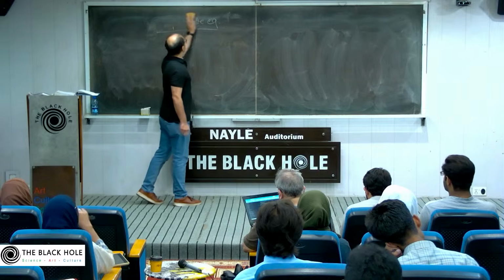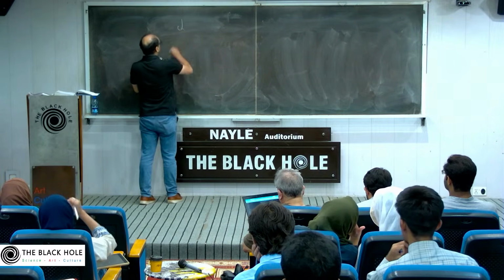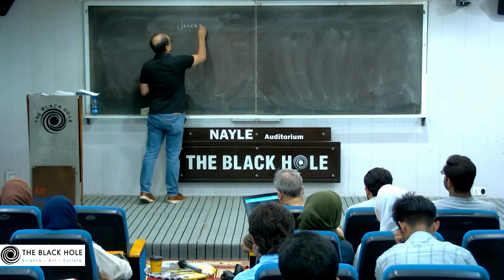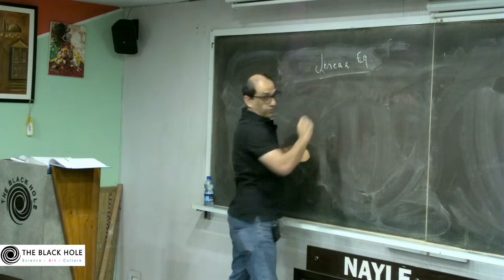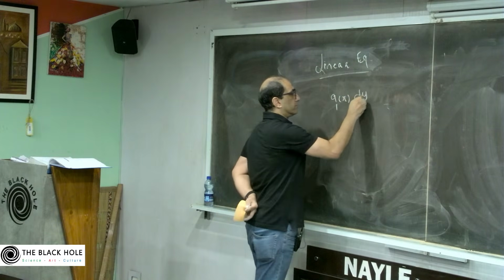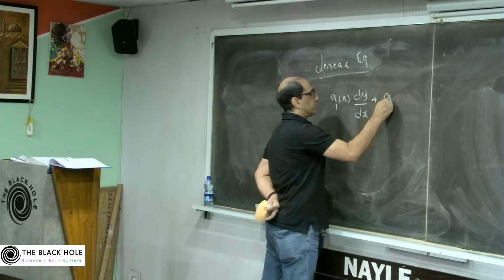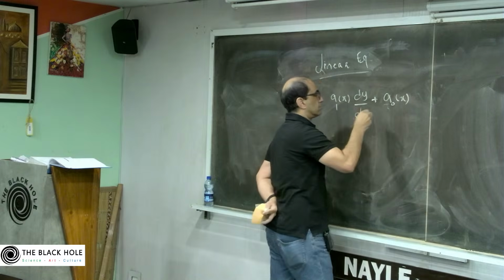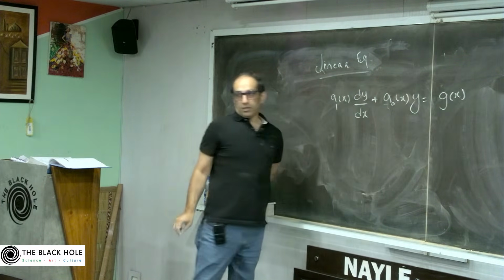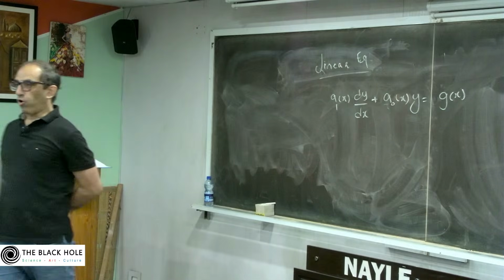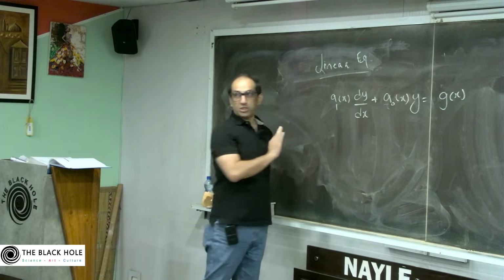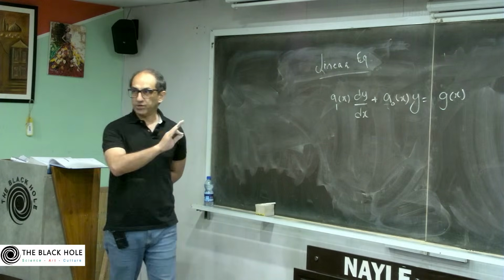So the next is the linear equation. So first order equation would be this. The standard form of the differential equation is when the leading differential has coefficient 1. So I will divide throughout.